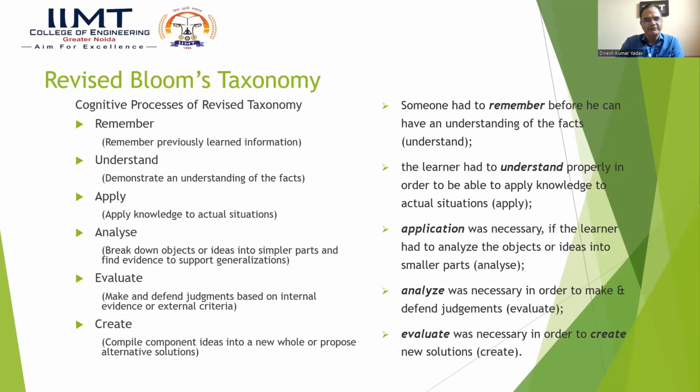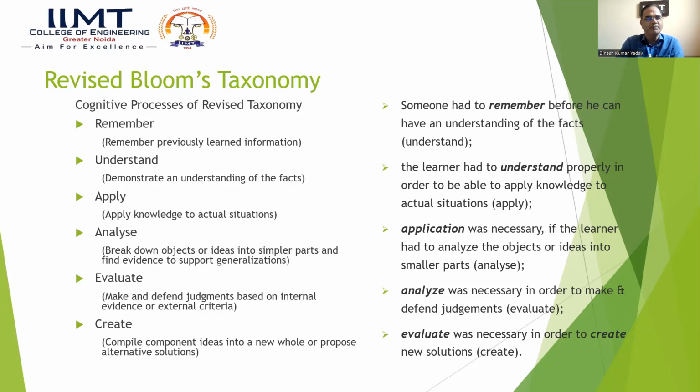So the very first cognitive level here is the remember level, that the learner has to remember the previously available information in textbooks or anywhere. Once he is able to remember that information, then only we can claim that he is able to understand that particular information.